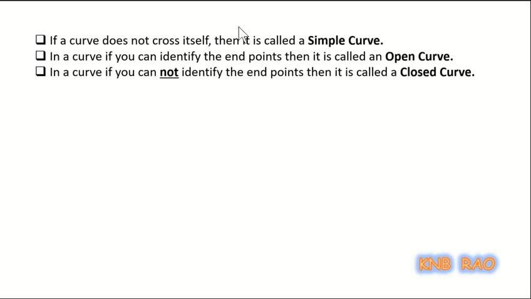If a curve does not cross itself, then it is called a simple curve. In a curve, if you can identify the ends, that is endpoints, then it is called an open curve. In a curve, if you cannot identify the endpoints, then it is called a closed curve.